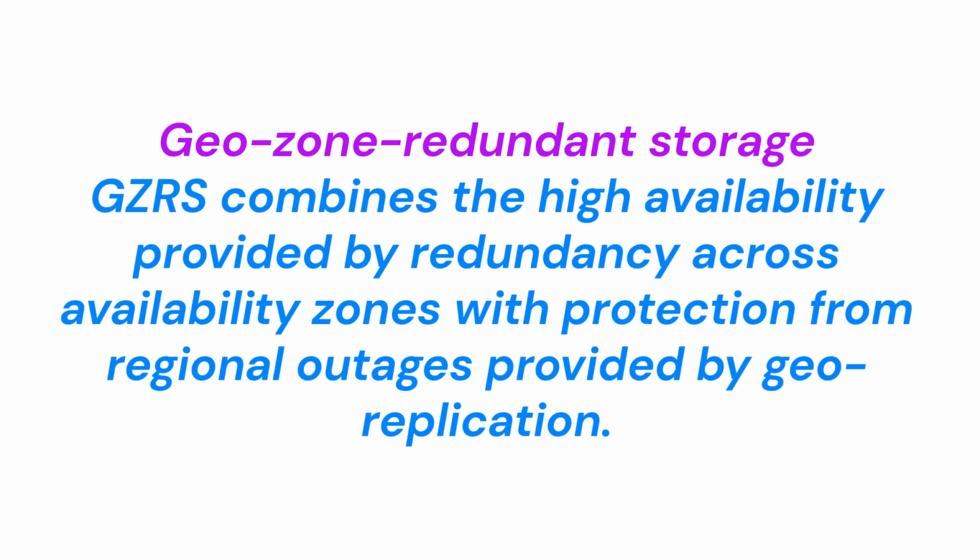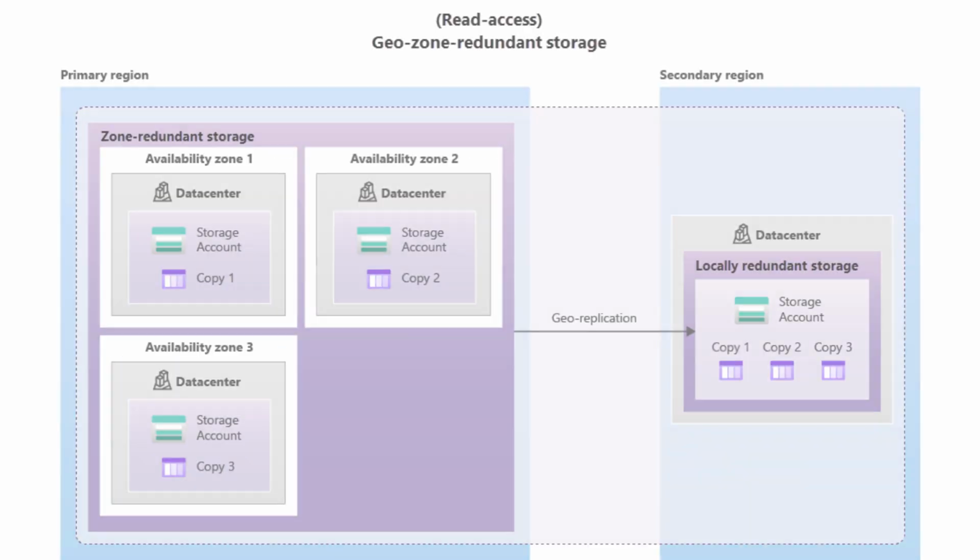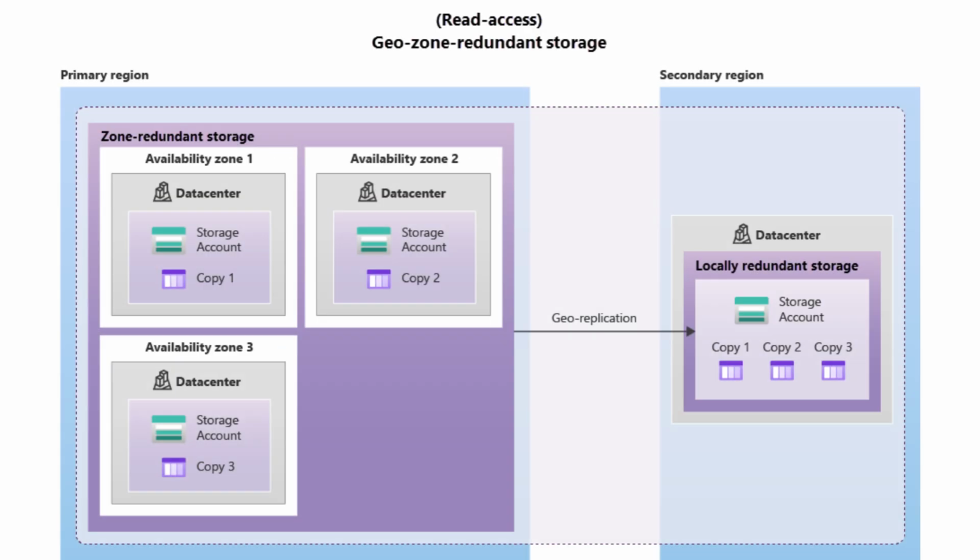Geo-zone redundant storage. GZRS combines the high availability provided by redundancy across availability zones with protection from regional outages provided by geo-replication. Data in a GZRS storage account is copied across 3 Azure availability zones in the primary region, similar to ZRS, and is also replicated to a secondary geographic region using LRS for protection from regional disasters.